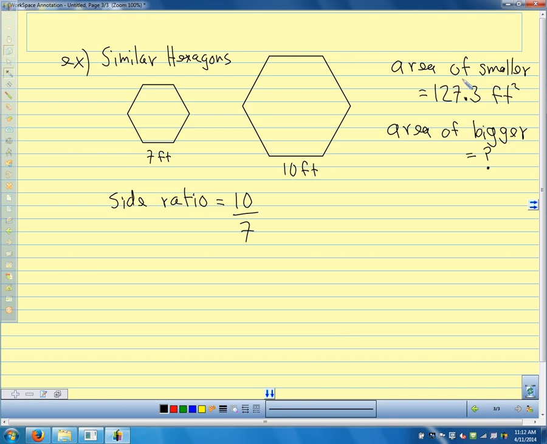The problem asks us about the area, so let's find our area ratio. What do we do to the side ratio to get the area ratio? Square it. Area ratio is 10 squared over 7 squared. And 10 squared is 100. And 7 squared is 49.